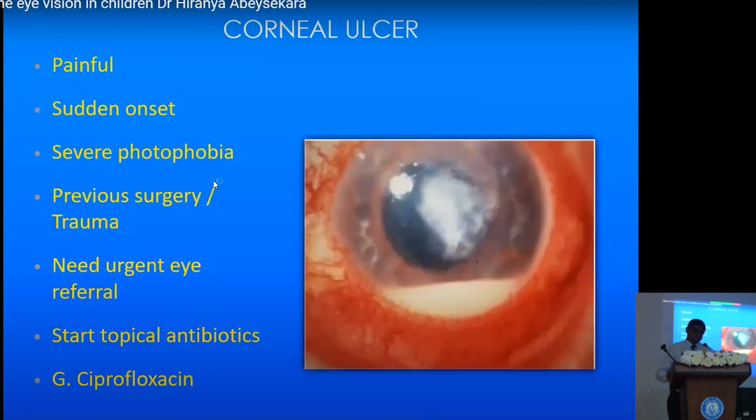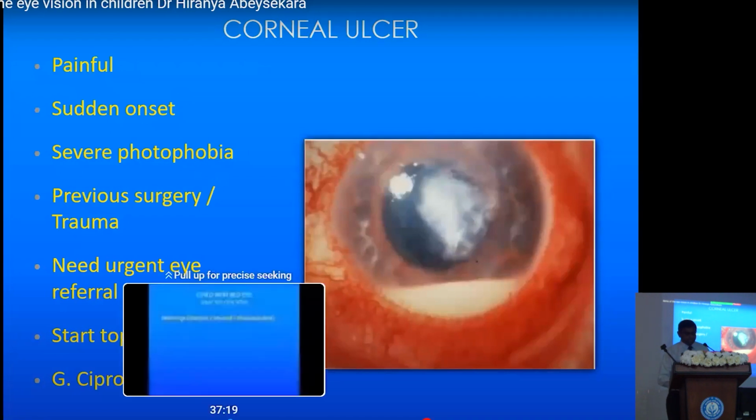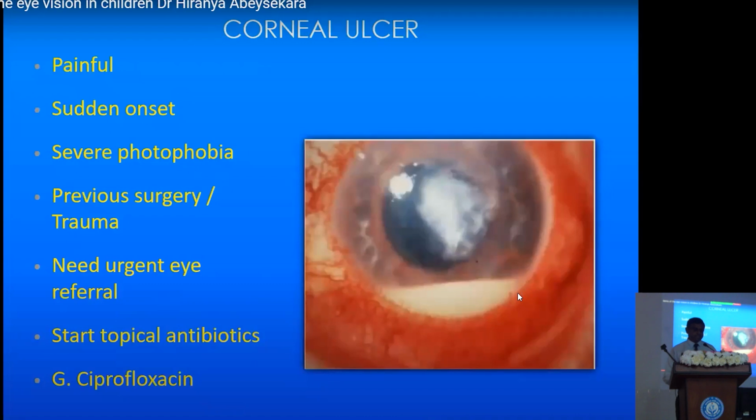If you are working at LRH, it's not very common because parents won't wait this long until the child gets a corneal ulcer. This is more common in agricultural areas where children go and play in paddy fields. They get injured by vegetable matter.